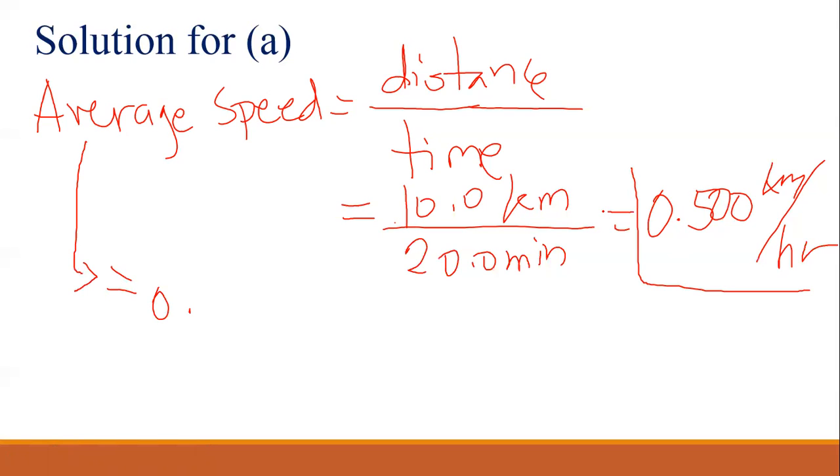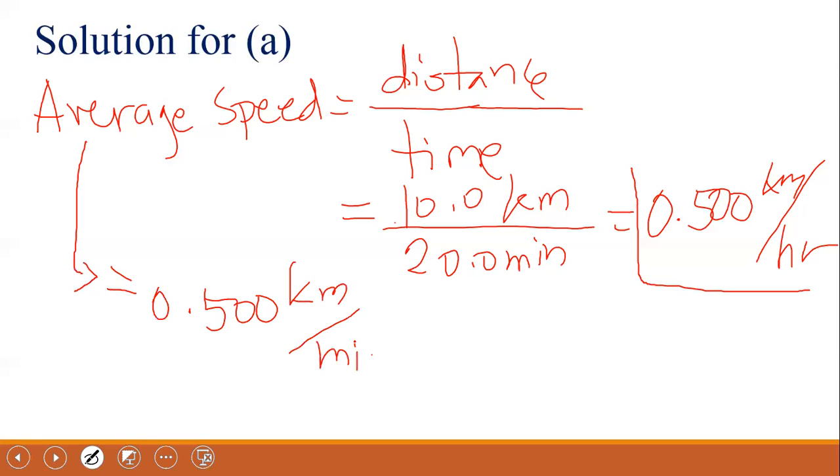So this is now equal to kilometer per minute, and then multiply by the conversion factor that will cancel minutes and leave hours.